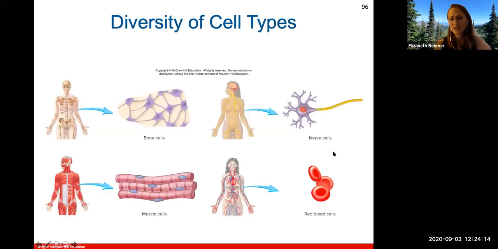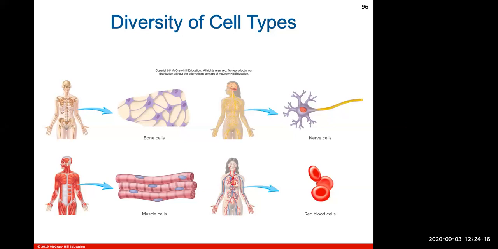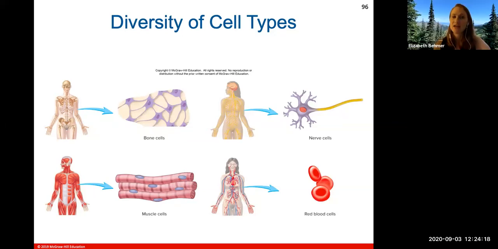So this is kind of fun to look at, a little more macroscopic, so it's easier to understand, but the diversity of cell types out of one single uniting of a sperm and an egg will get differentiation into bone cells, nerve cells, muscle cells, and red blood cells. So it's pretty amazing that all of our cells just came from the uniting of two cells into one, and then we get all of this diversity from that.